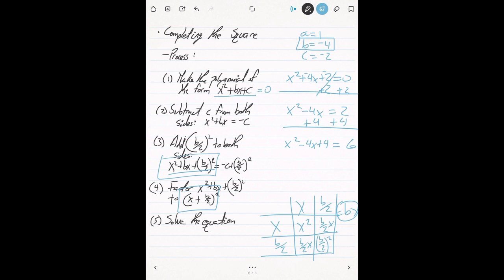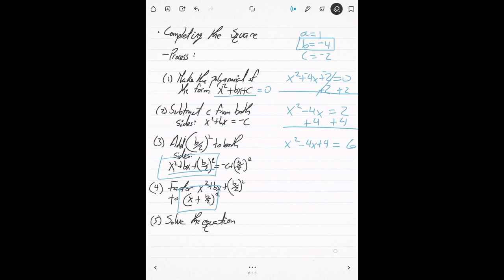This is forcing the polynomial to be factored down. In picking this unique value of b over 2 squared, we're forcing the polynomial to be able to be factored. Hopefully this is starting to make sense to you. The idea here is that we're forcing it to be factored using the squared value.